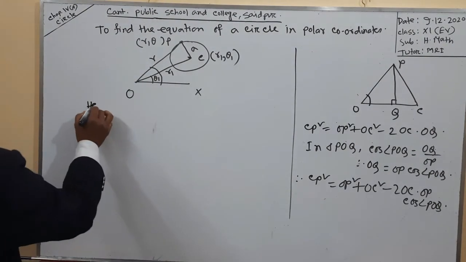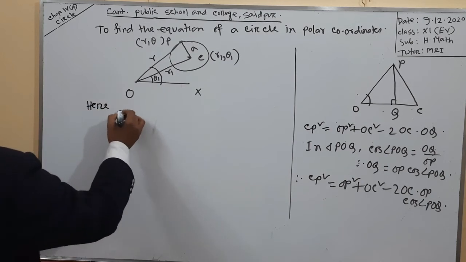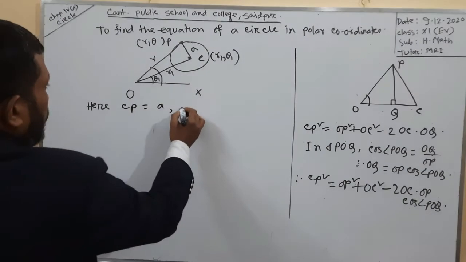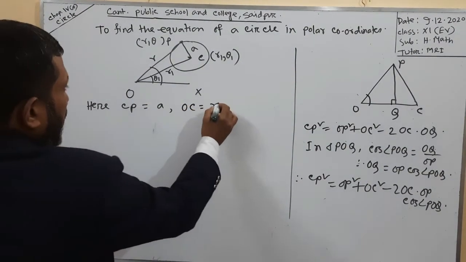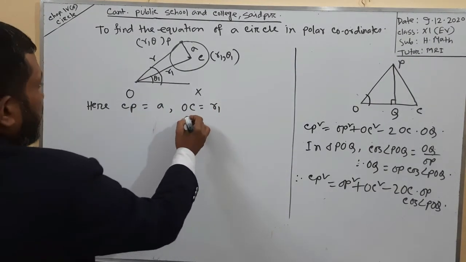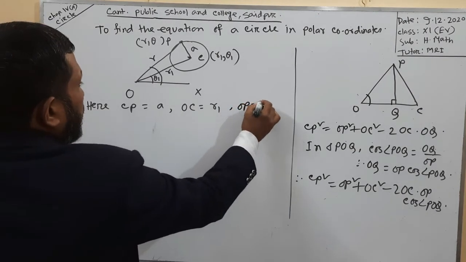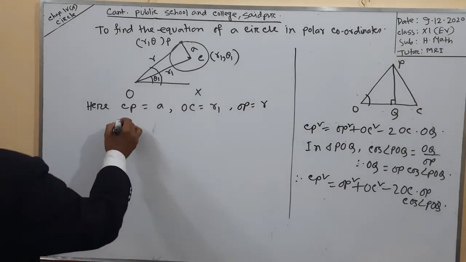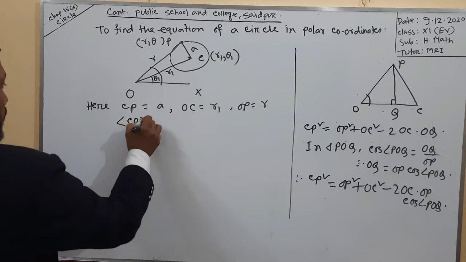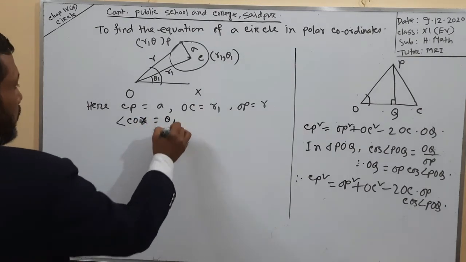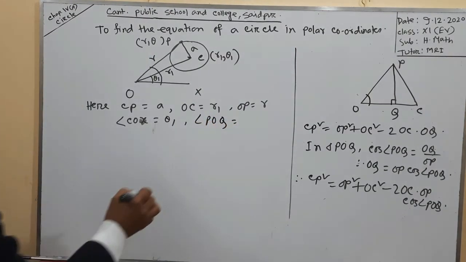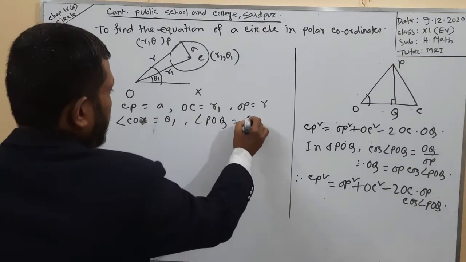Okay, here CP is equal to A, OC is equal to r1, OP is equal to r, angle COX is equal to theta 1 and angle POX is equal to theta.